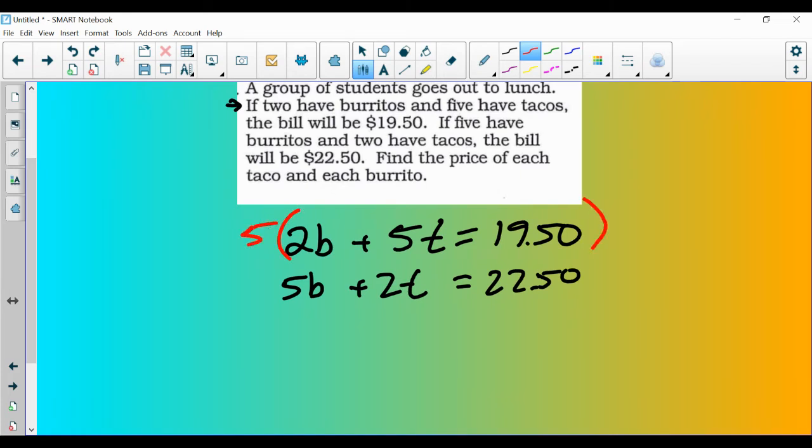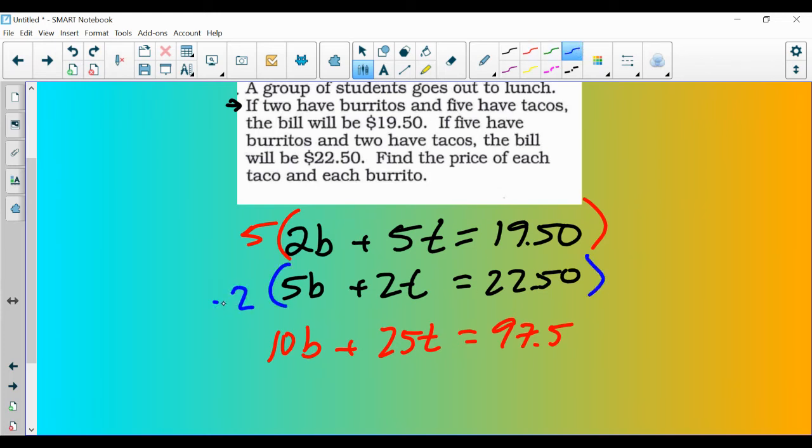In order to do so, I'm going to multiply this one by 5. That would give me 10b plus 25t is equal to whatever 19.50 times 5 is, which is 97.50. I'm going to multiply this second equation by -2.